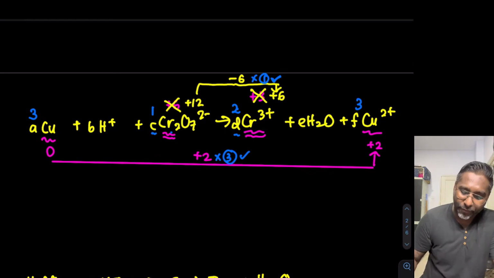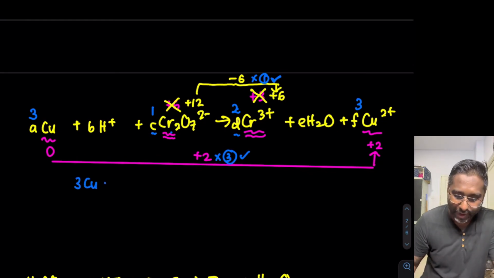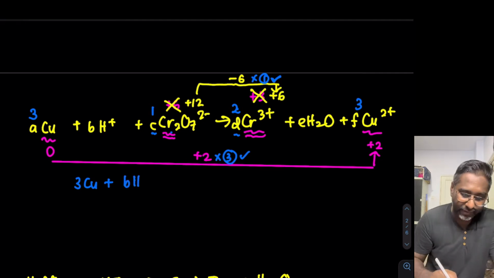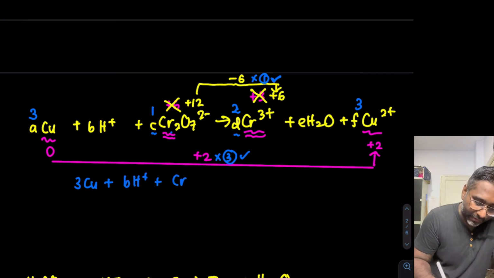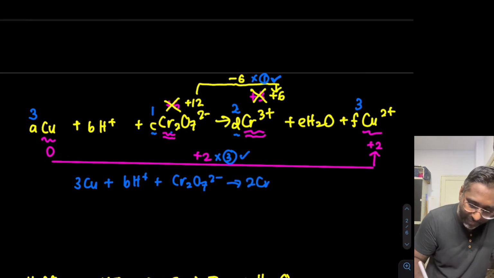So once we have that and we balance it, it is important, like what I said to you earlier, that when we have all these magic numbers, we don't disturb them.